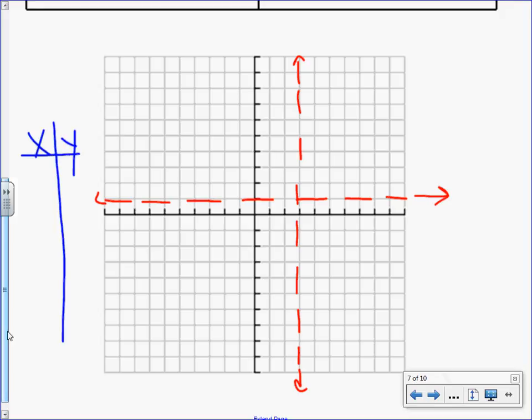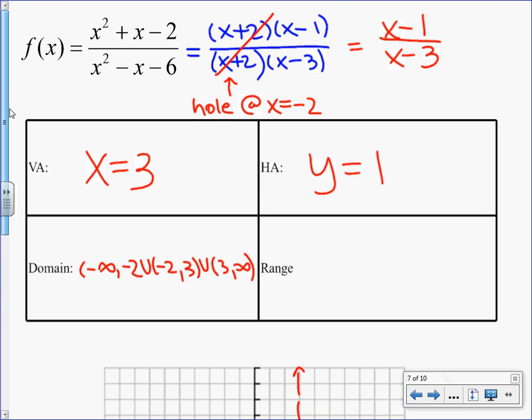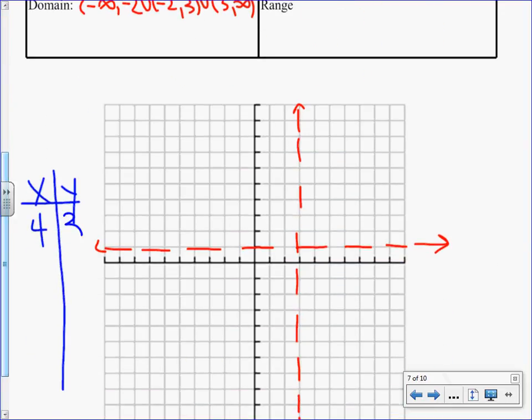Okay, let's go to the right of our asymptote. What would be a nice number to plug in? 4. And we can go to the reduced version. It's nice and easy to plug in there. What happens when we plug in 4 to the reduced version? We get 3.